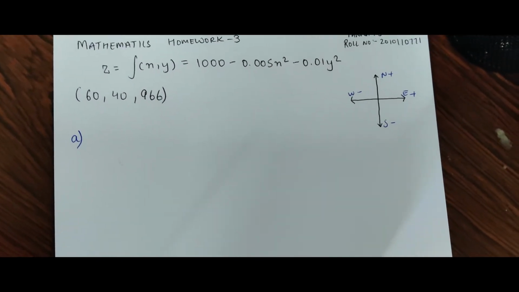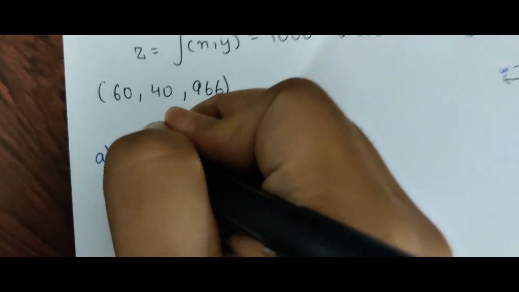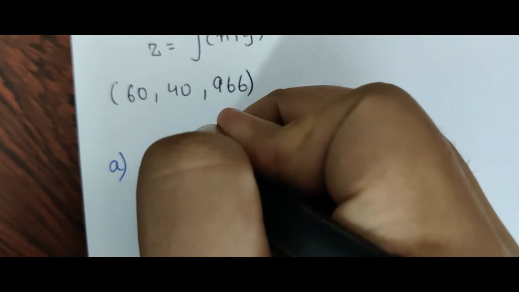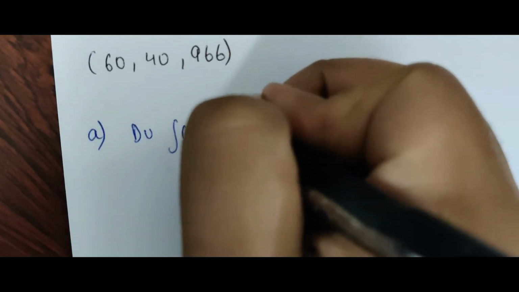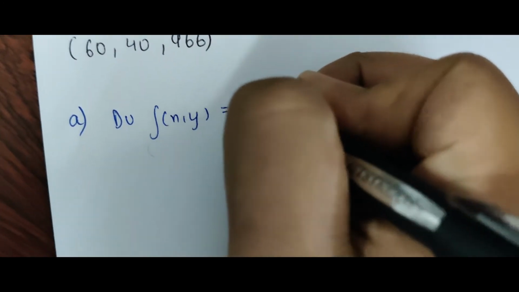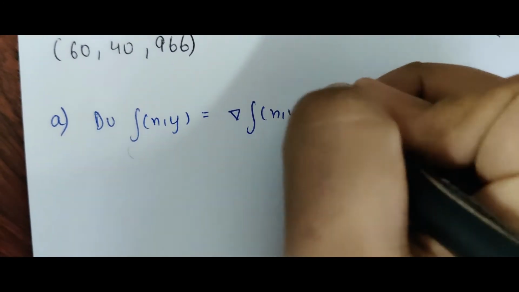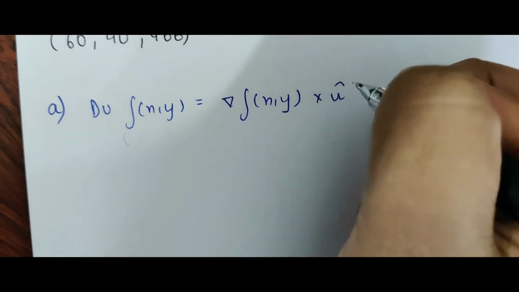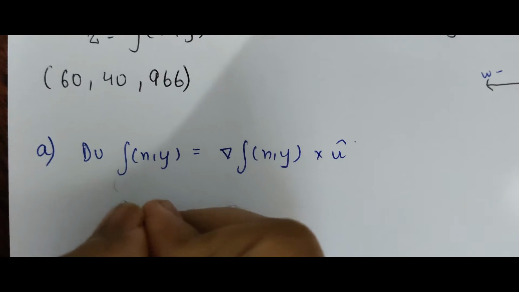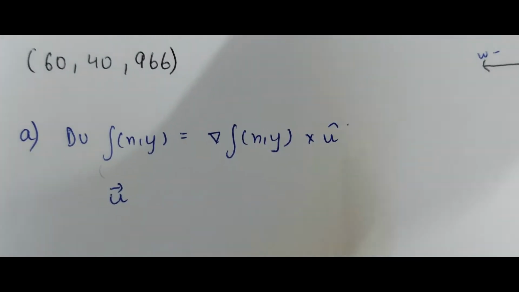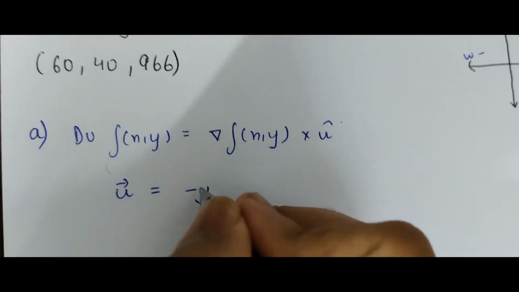We can do this with the formula for the directional derivative, which is the gradient of the function dotted with the unit vector. The direction we will be traveling is due south, which is negative, so it can be written as minus j because it lies on the y-axis.